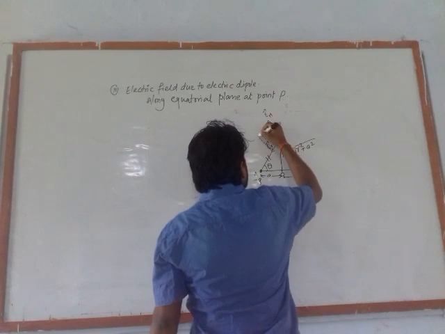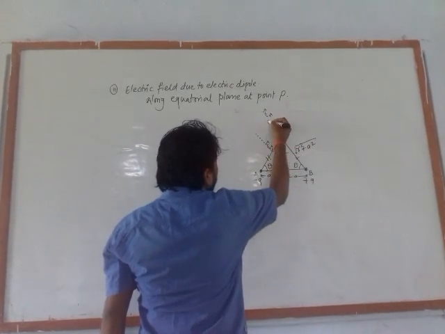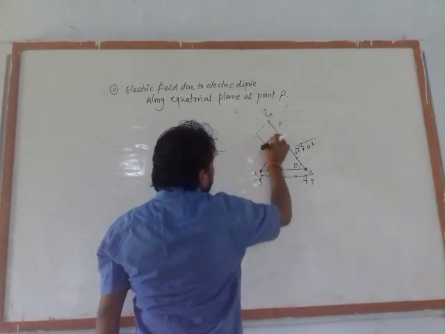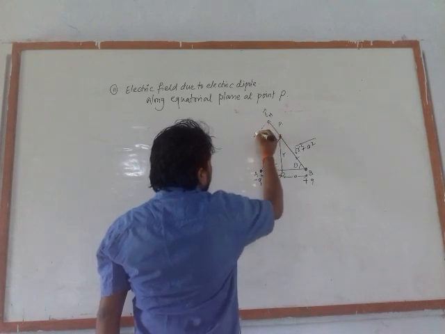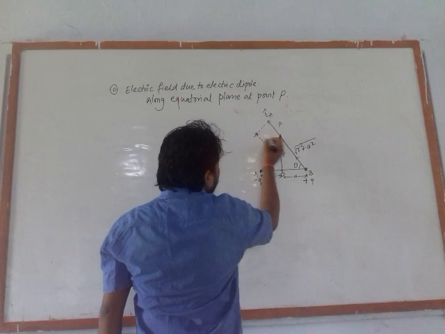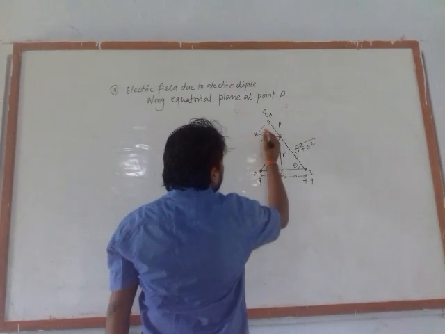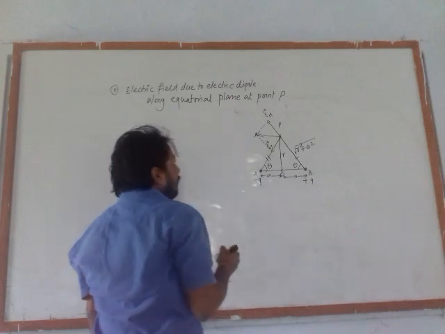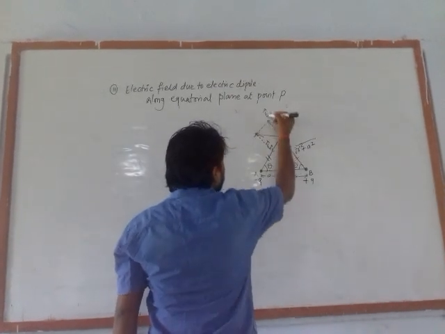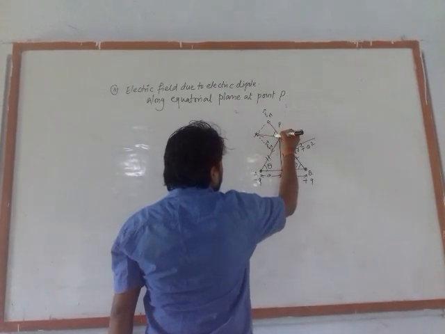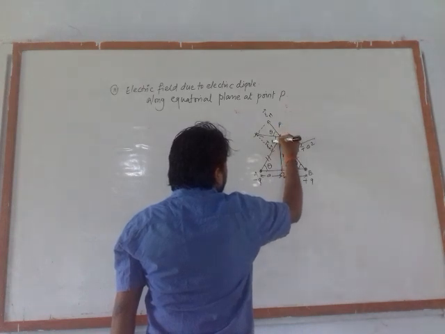So we can draw one perpendicular from here, and both the lines will intersect at point P. So at this point, and then we can connect here. This diagonal will give you the resultant field. So this will be angle theta and this also will be angle theta.